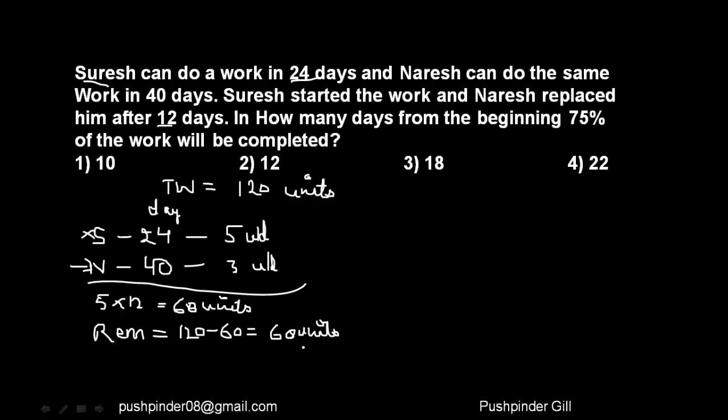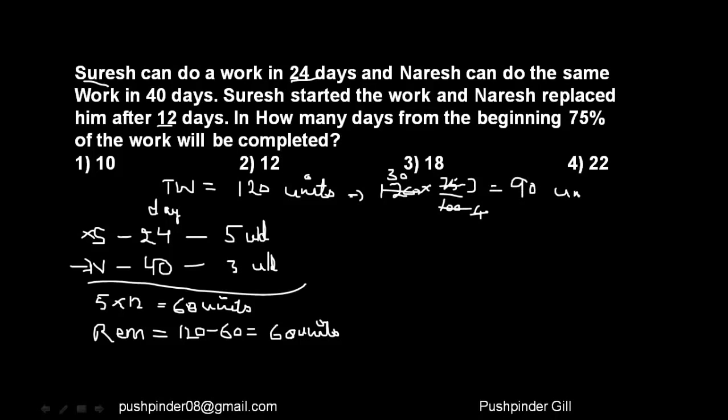Now the remaining work is 60 units. However, we need to finish only 75% of the work. Since 120 is the total work, we just need to finish 75% of it, right? 75% is nothing but 3 by 4, so we just need to finish 90 units.